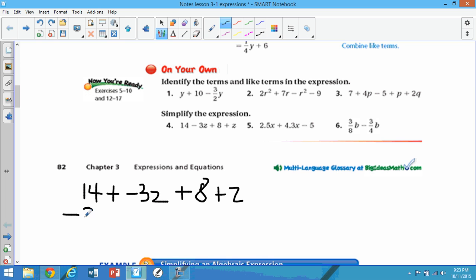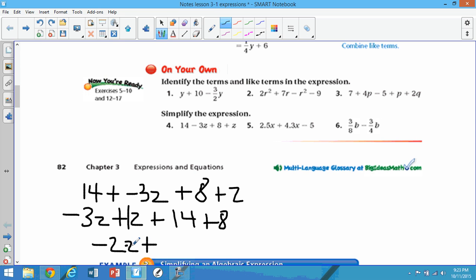So I have a negative 3z plus z, I moved all my z's together, plus 14 plus 8. Okay, a negative 3z plus z is a negative and a positive here. Remember, there's an imaginary 1 in front of there, okay? So a negative 3 plus a positive 1 means it's going to be a negative 2z, okay?